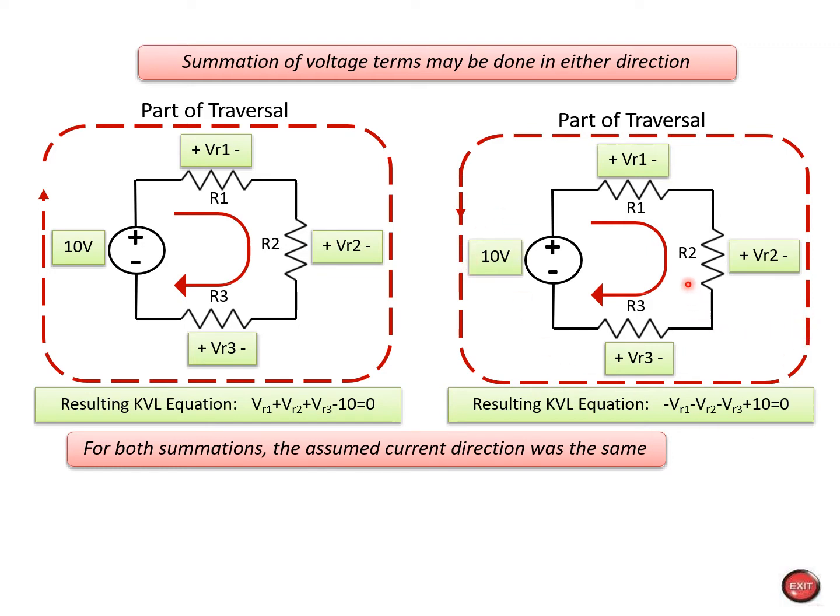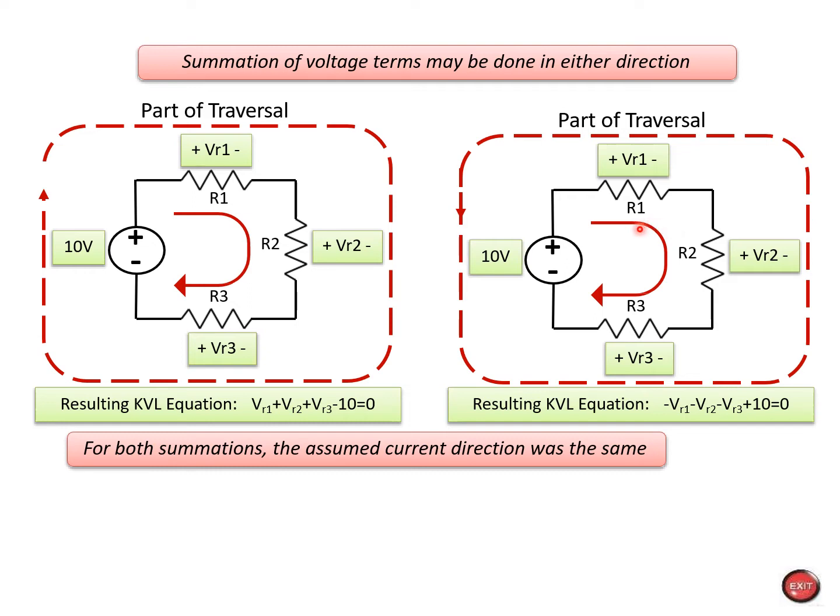Since we are moving backward and the current flows forward, the potential at R3 is equal to minus VR3, and it continues the same at R2, which is minus VR2, and at R1, which is minus VR1, since our direction is different from the direction of current flow.